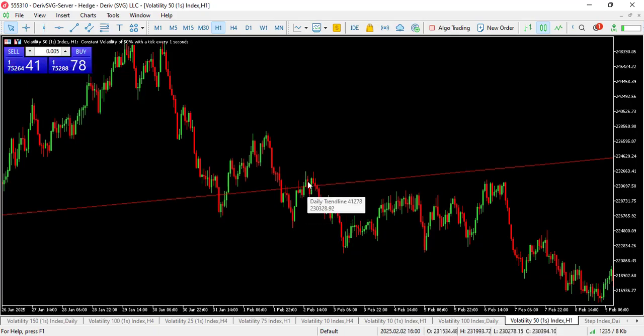Maybe like 5 minutes. See if that 5 minute candlestick will close in red here as it gets to your trend line.